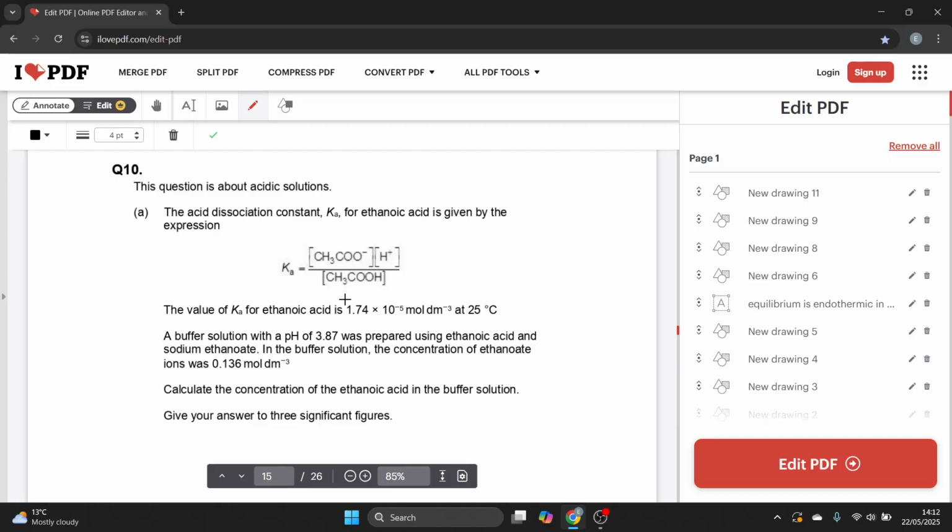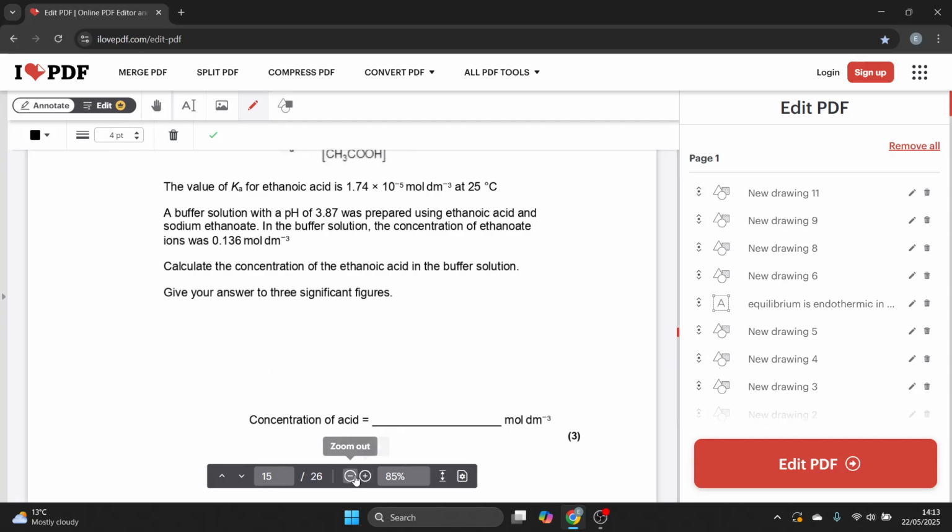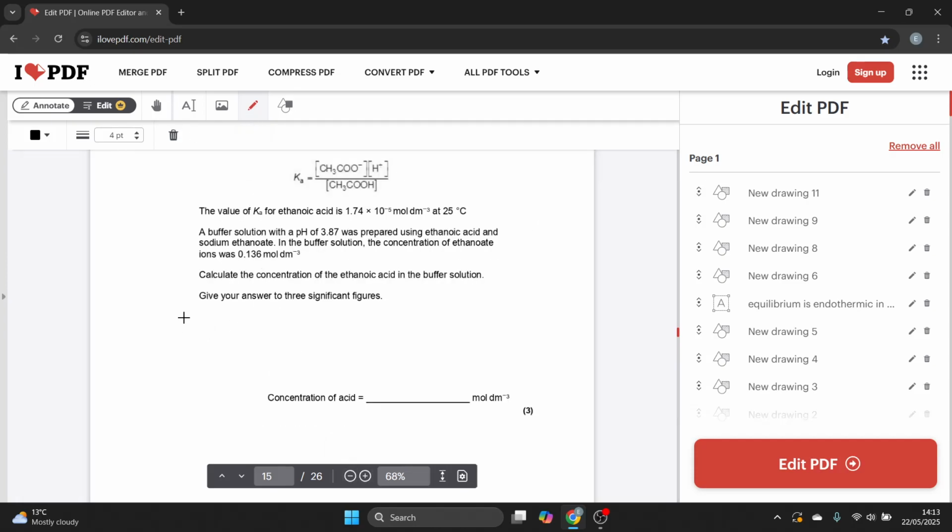Question 10. K is that. pH is that. Rearrange the expression.